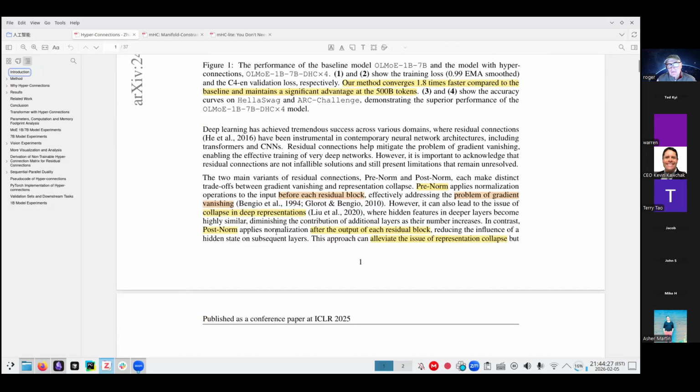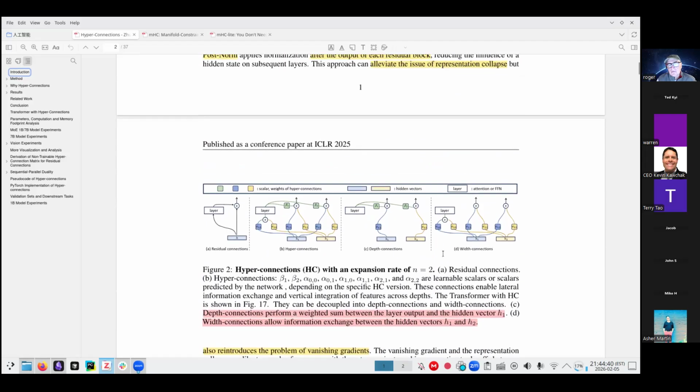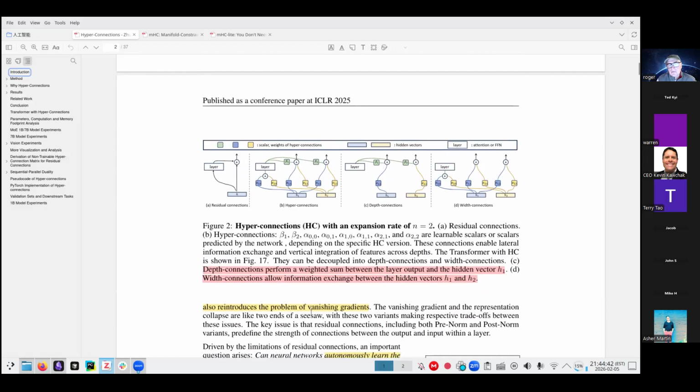And there's another alternative, the post norm. Post norm alleviates the representation collapse, but it also introduces the vanishing gradients again.